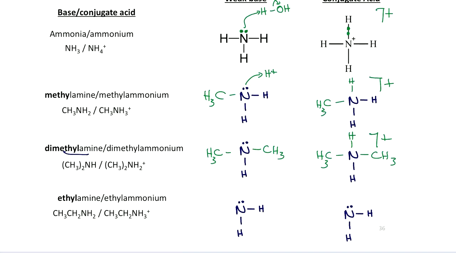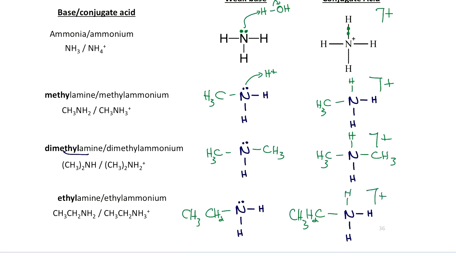We have nitrogen, a neutral nitrogen is a base, but its cation with an extra hydrogen is its conjugate acid. Here we have ethylamine, so it's ammonia, but just with an ethyl group on it instead, so CH3, CH2. That's the structure. And so the structure for the conjugate acid is going to look the exact same, except it has that extra proton on it.